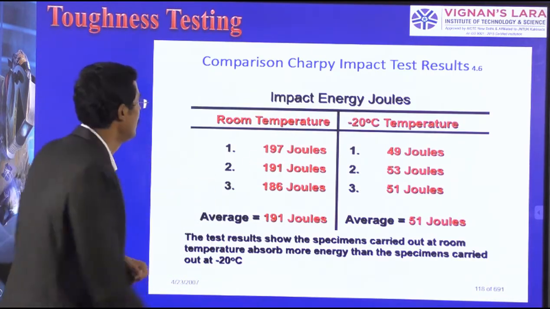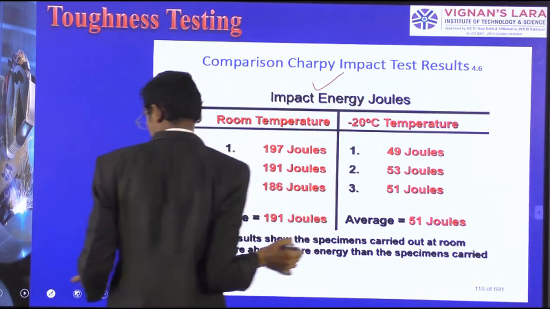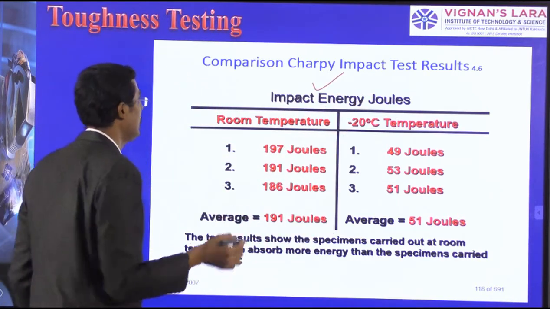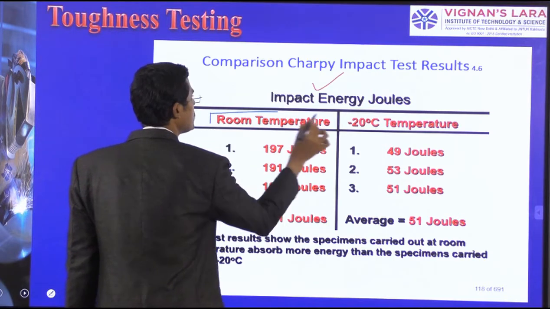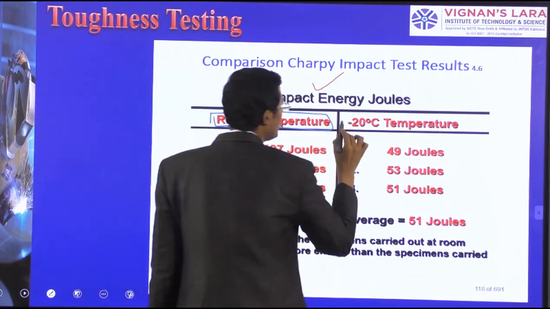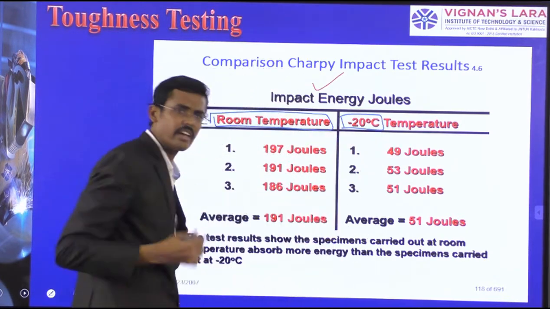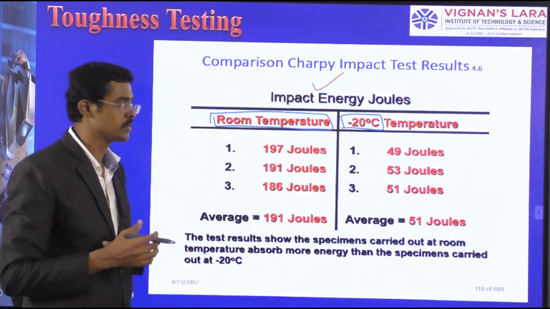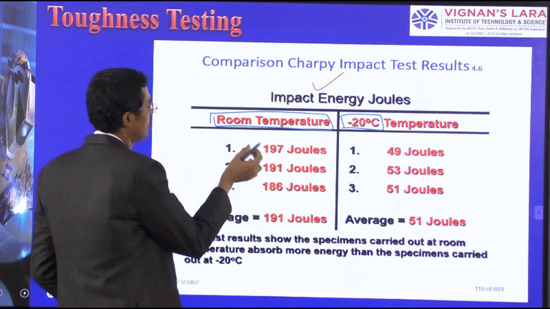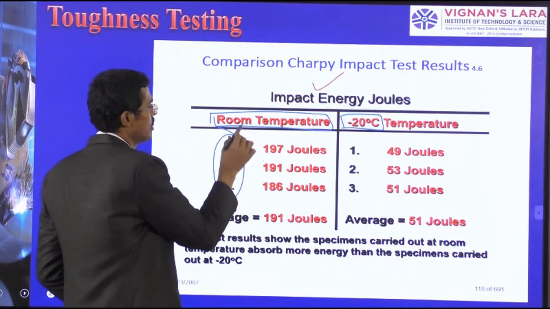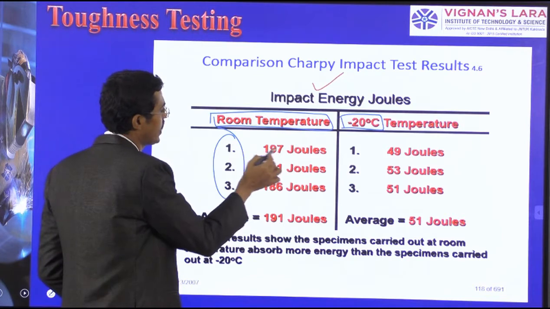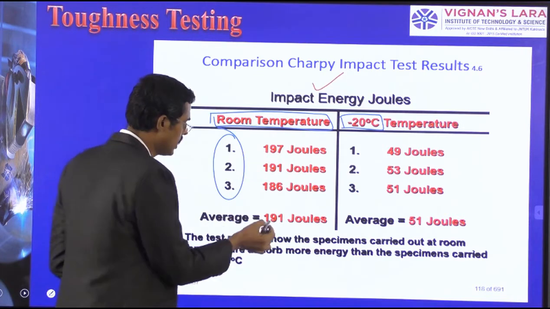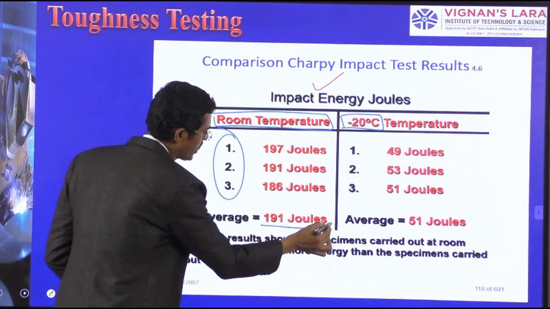For example, I have done the impact test, one at room temperature and one at minus 20 degrees centigrade. At room temperature, for steel, we get an average of around 195 joules.